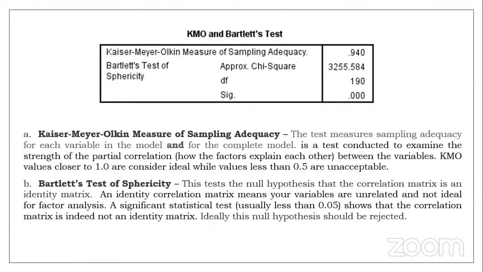So if you have the significance value to be very small, basically if your chi-square value here is significant, then it means that you are good to go. The correlation matrix is not the same as the identity matrix, which means that all the variables are correlated among each other and it's ideal for factor analysis. Clear, everyone?